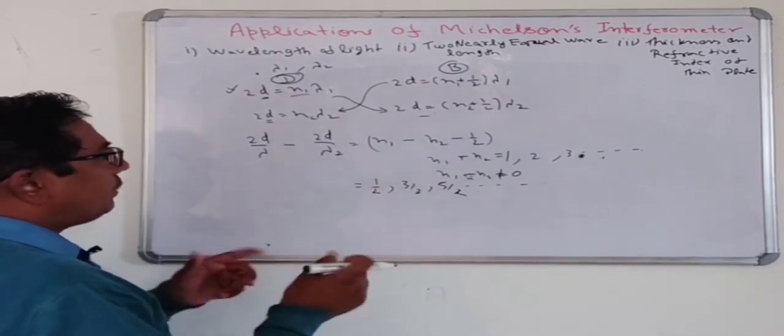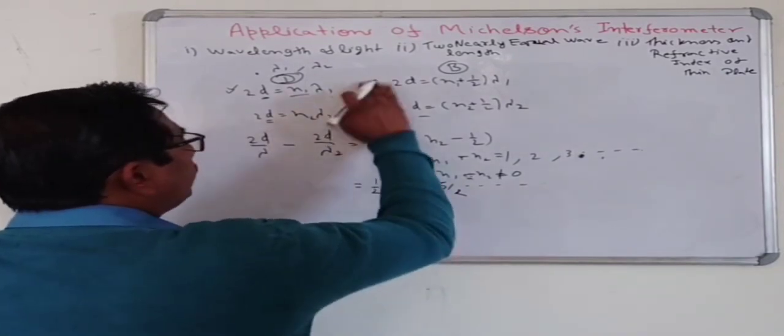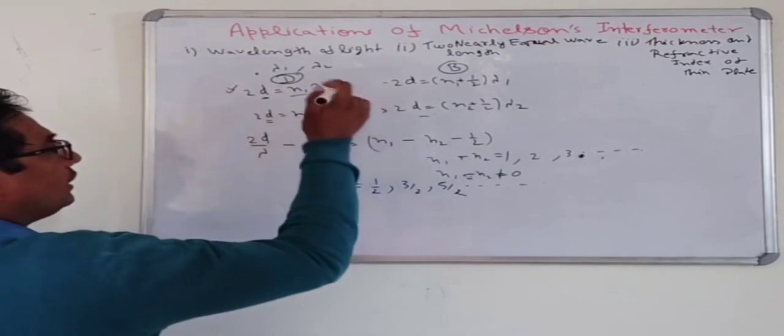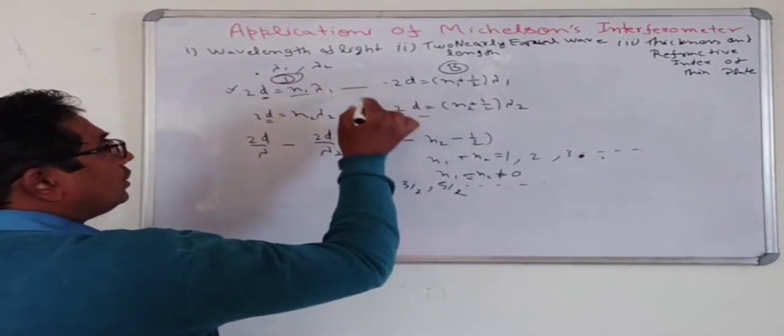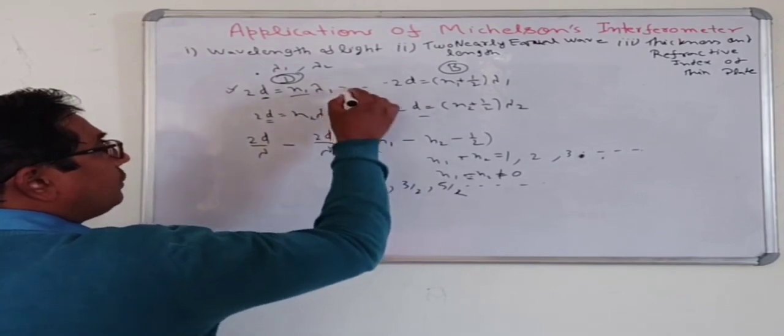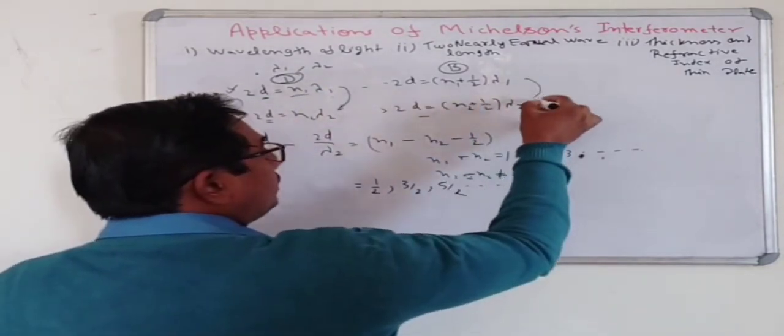In the appearing condition, you will see that dark coincides with dark, and bright coincides with bright.